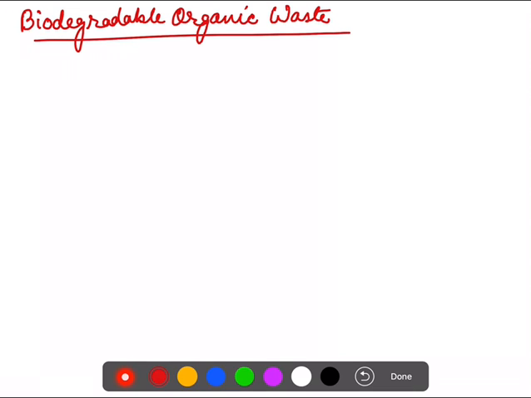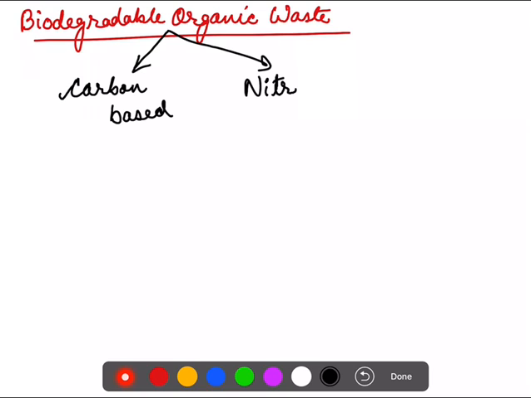Now, bacteria oxidizes biodegradable organic waste, right? Now what happens, biodegradable organic waste is of two types: one is carbon based and one is nitrogen based.